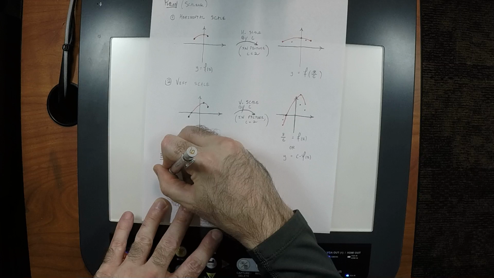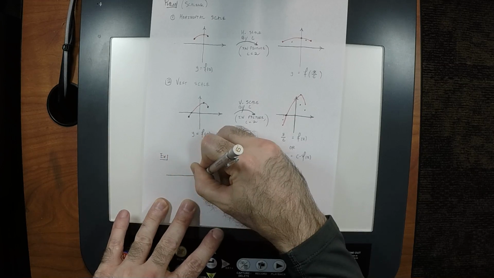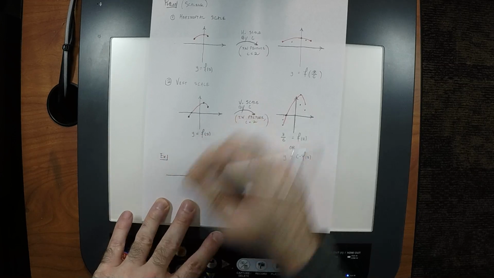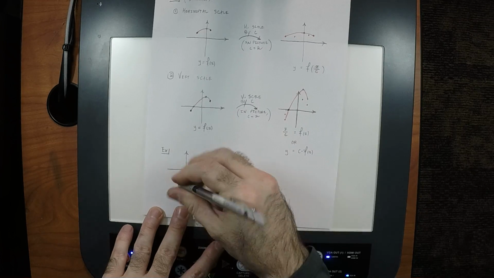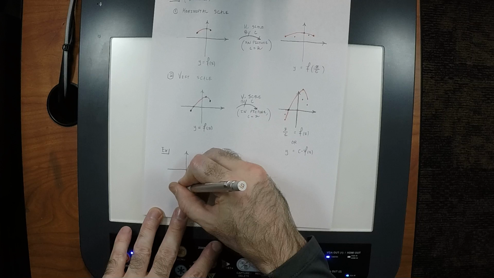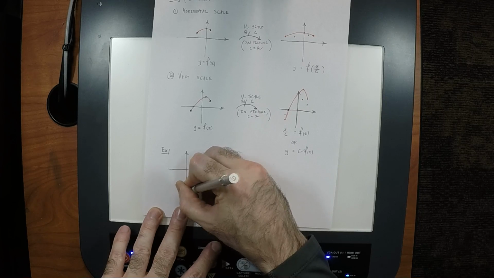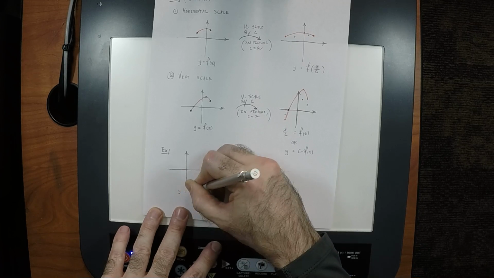So an example, I can ask and say, all right, as for something you're supposed to remember, would you please remind me and plot, what does the absolute value function look like?